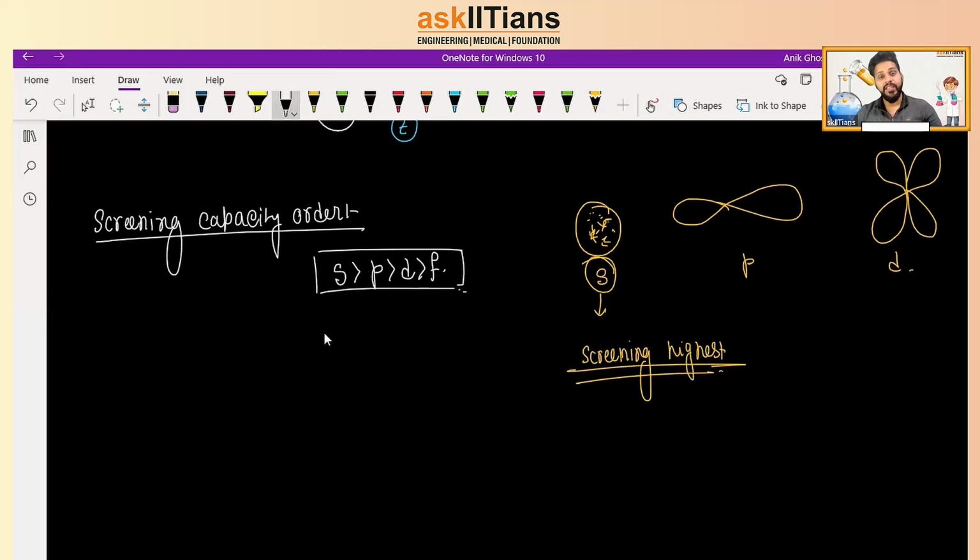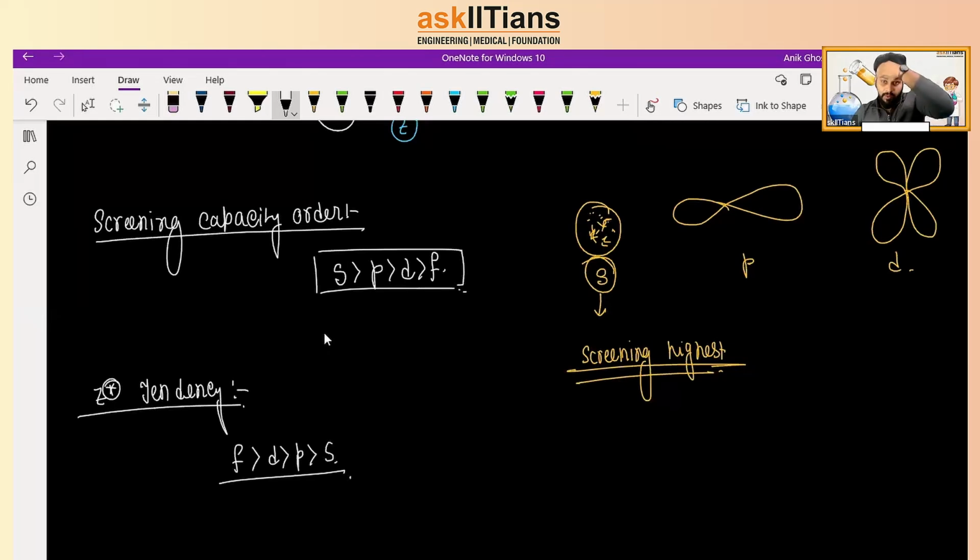Okay, so if the screening power or shielding capacity tendency is this, then the Z star tendency can be written as F D P S. What do I mean by that?